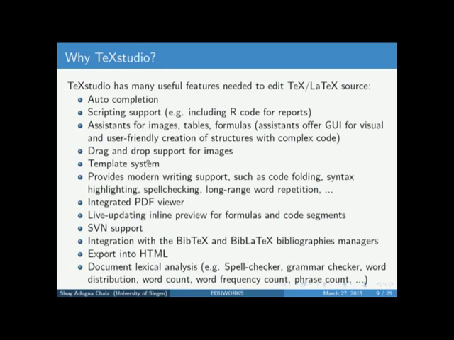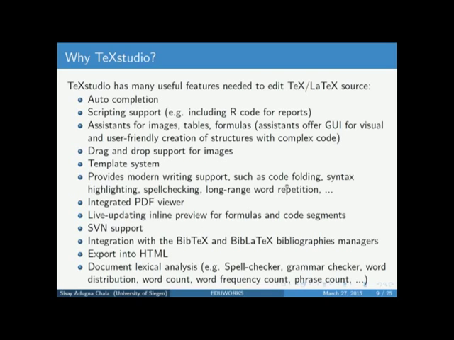And it has assistance for putting in images, tables, formulas, and so on. It has a graphical user interface to help you with this. It has drag and drop support for images. You can drag an image and put it onto the code, then the code is written for you. It saves a lot of time in that way.